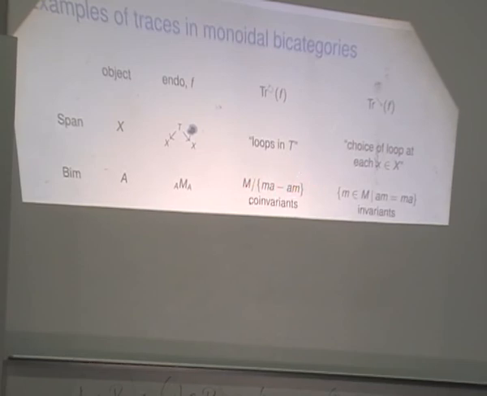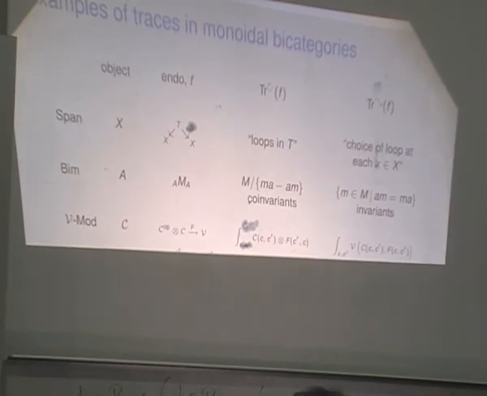This is a classical thing, the set of co-invariants of M. And the diagonal trace, which should be a set, turns out to be the set of invariants: the points in M which have the same action on the left and the right. So there seems to be some interesting duality between these, even though these two traces a priori are completely unrelated.